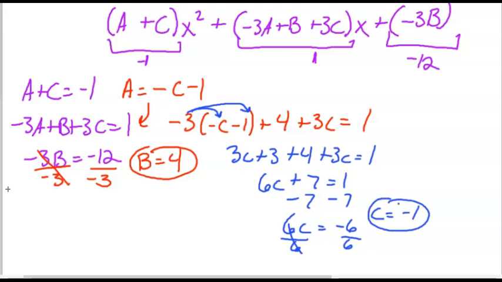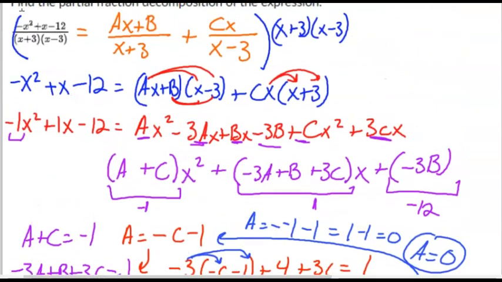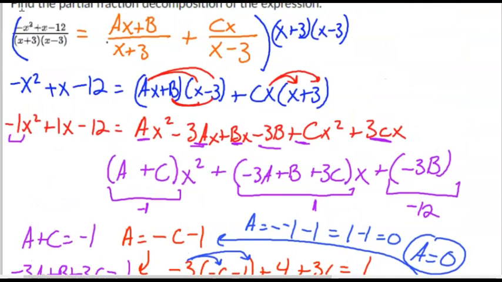Let's plug that back into the first equation to get a. So a equals negative of negative 1, minus 1. That equals 1 minus 1, that's 0. a equals 0. So if we go back up here at the top, we'll plug in our found a, b, and c. 0x is just 0.